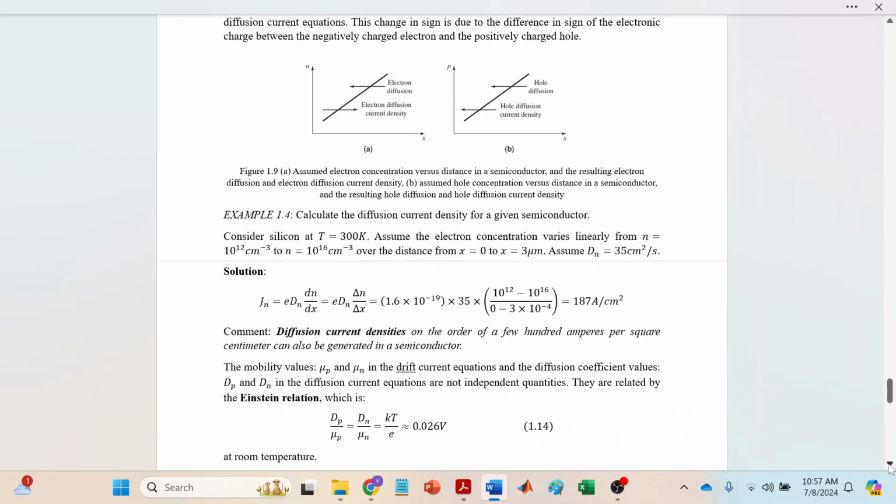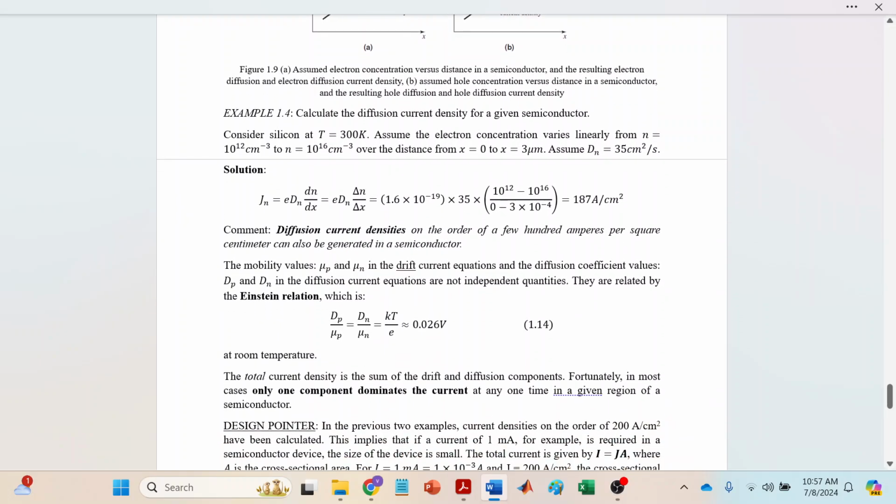We are going to do an example to calculate the diffusion current density. So we have silicon at this temperature, and the electron concentration goes from 10 raised to the power 12 to 10 raised to the power 16, from 0 to 3 micrometers, and the electron diffusion coefficient is given by 35.